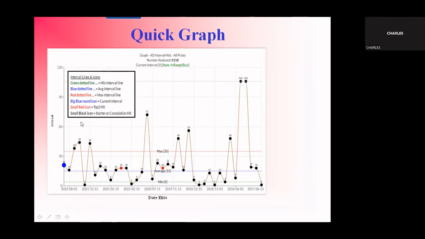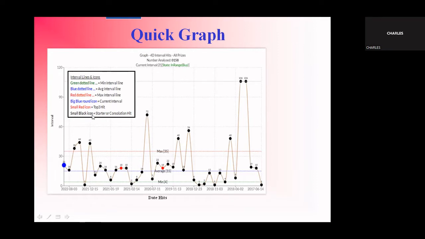Now you will also see a small red icon which represents the top 3 hits. Over here there's two red icons, as you can see, one here and one here, and also the interval indicated when it hits. And also you will see some small black icon.